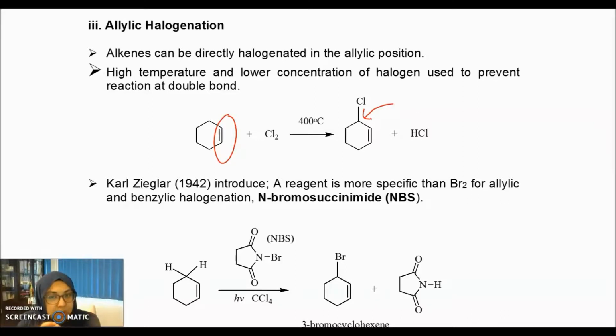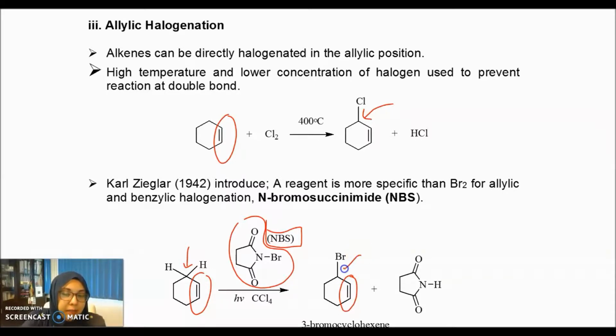Another way to do this is with NBS. When you are writing the reaction, you don't need to write out the chemical compound; it is sufficient to write NBS, and it is understood that the reaction will take place at the adjacent carbon. There will be no reaction at the double bond, so we maintain the alkene group, but the carbon next to the alkene group will have Br added.